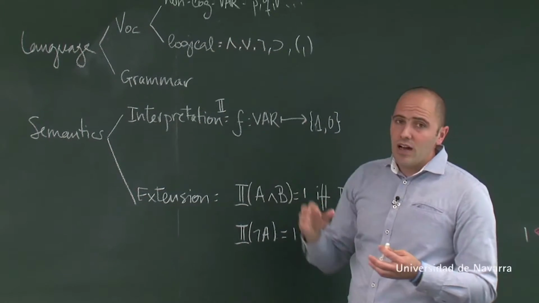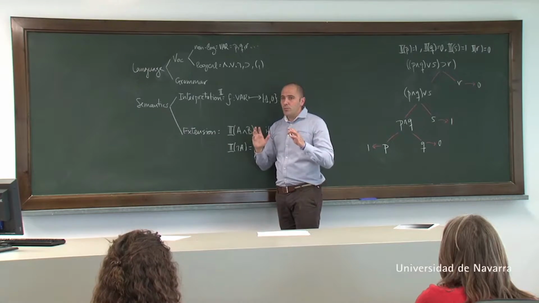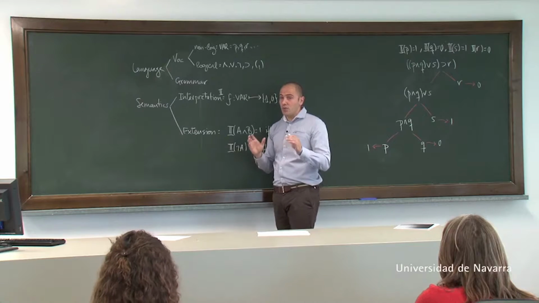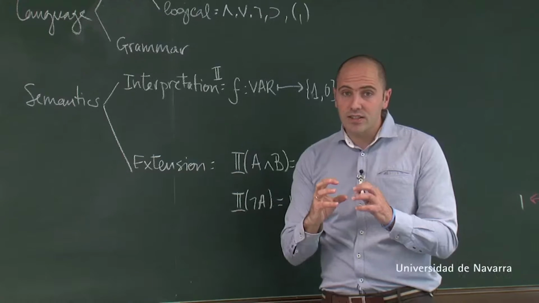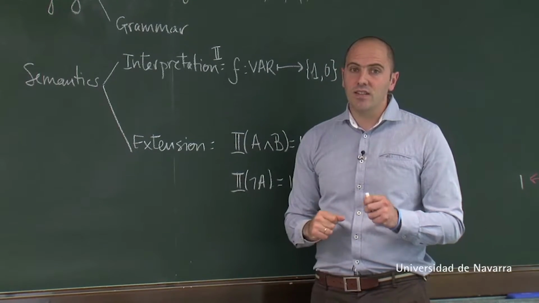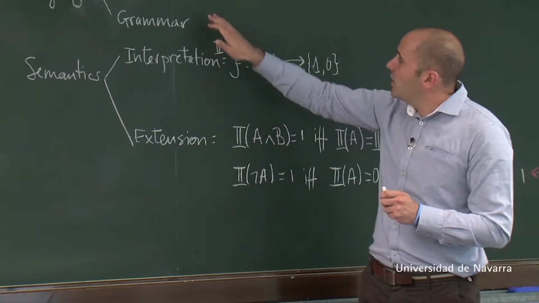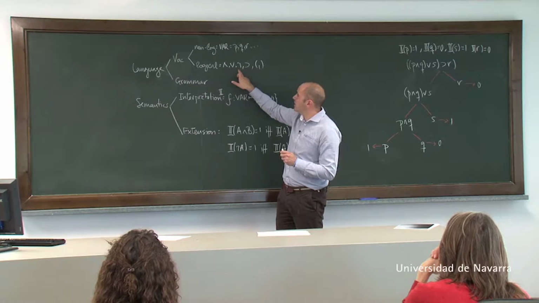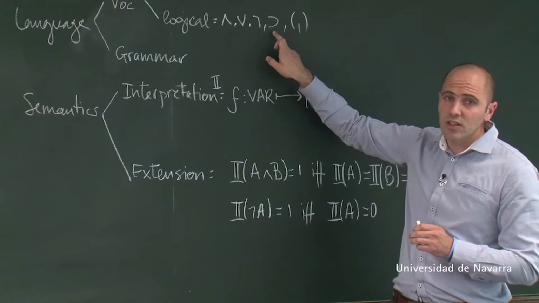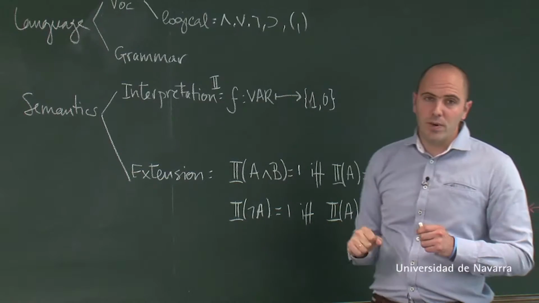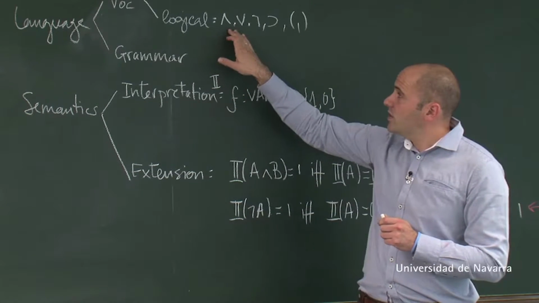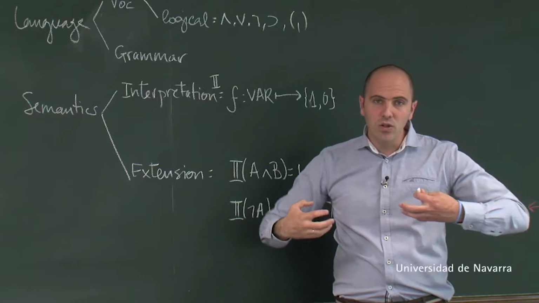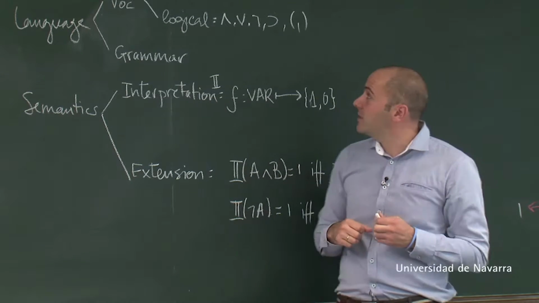The non-logical vocabulary is composed of propositional variables. So the propositional variables are like the bricks, the most basic sentences of our language. And the logical vocabulary is composed of conjunction, disjunction, negation, conditional, and a couple of parentheses. So these logical connectives are like the glue to put the bricks together, right?